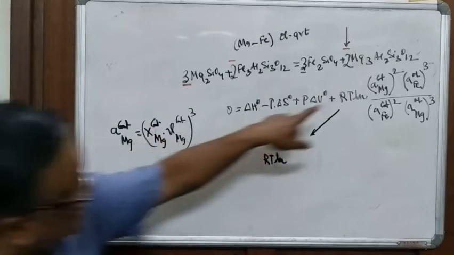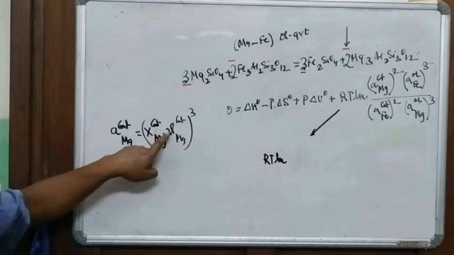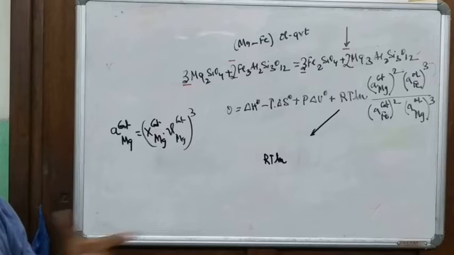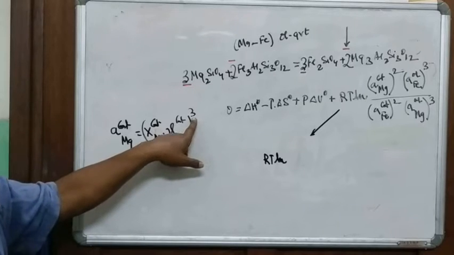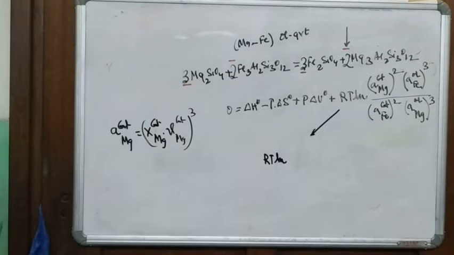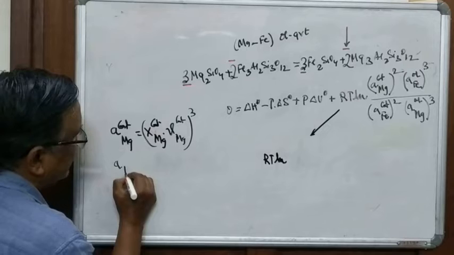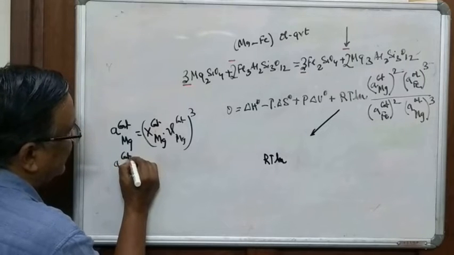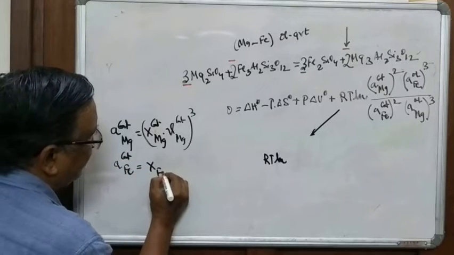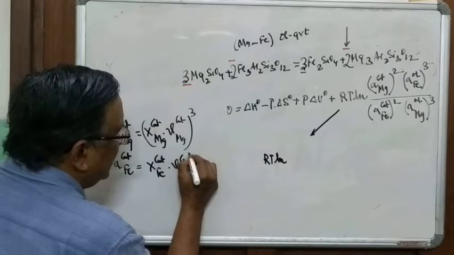Activity of Mg in garnet here is xMg in garnet into gamma Mg in garnet. That is how you break up activity. And this cube is mixing on 3 sites. This is also true for activity of Fe in garnet, which is equal to xFe in garnet into gamma Fe in garnet, cubed.